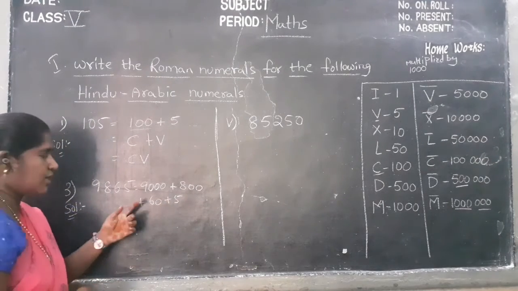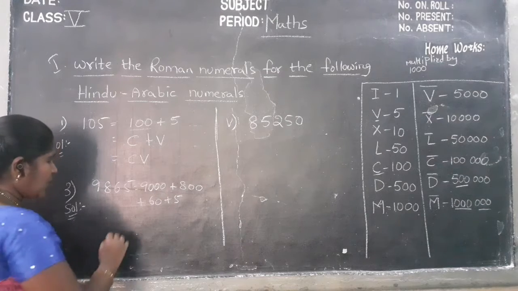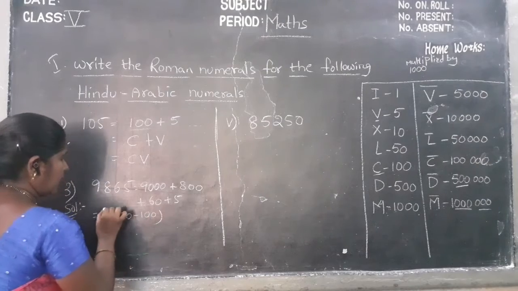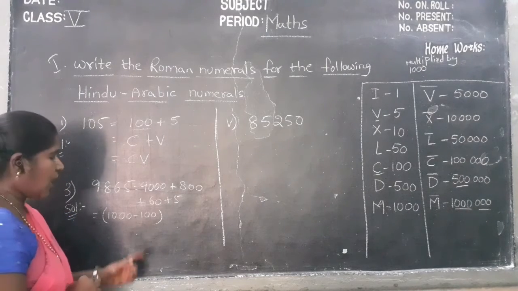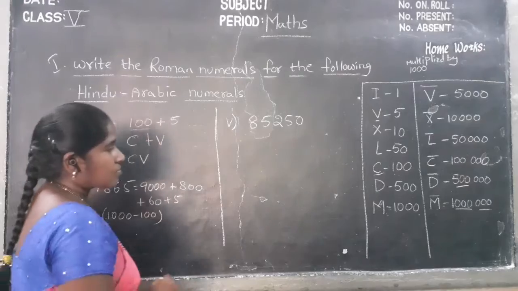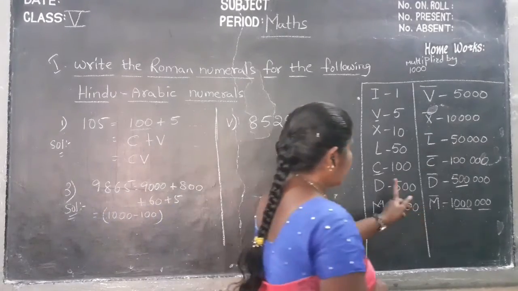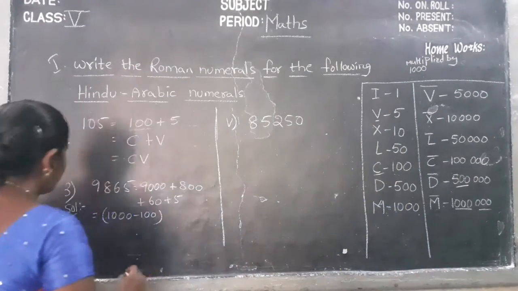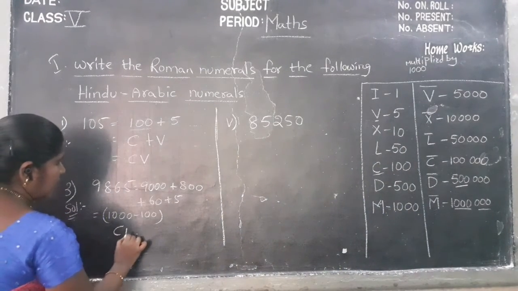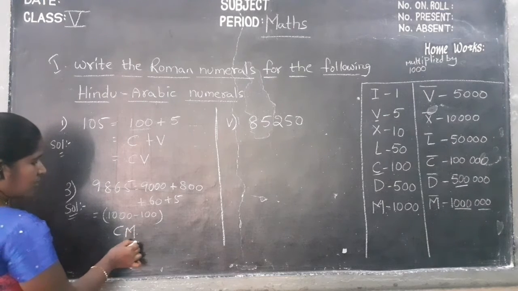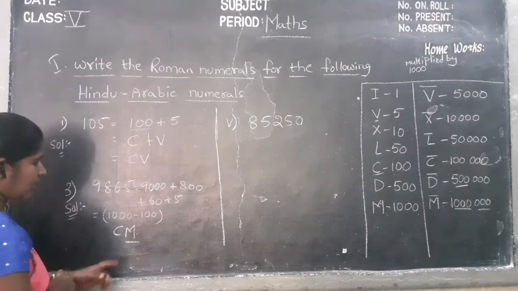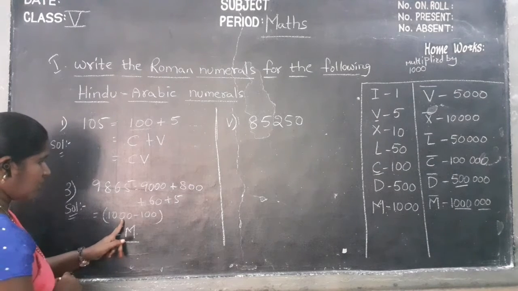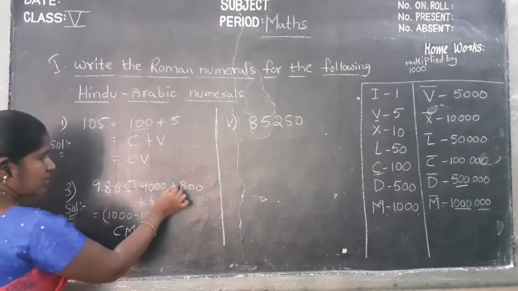How to write 9000? 1000 minus 100, that means CM. M is the bigger number, and writing on the left side of the number means subtraction. So 9000 is written CM.